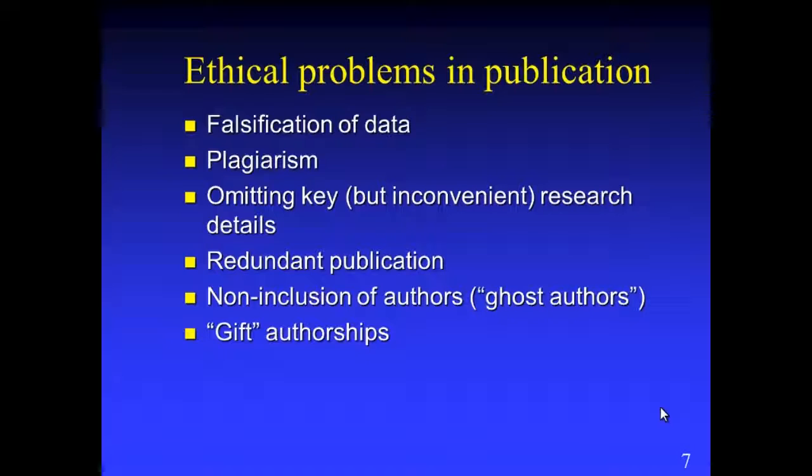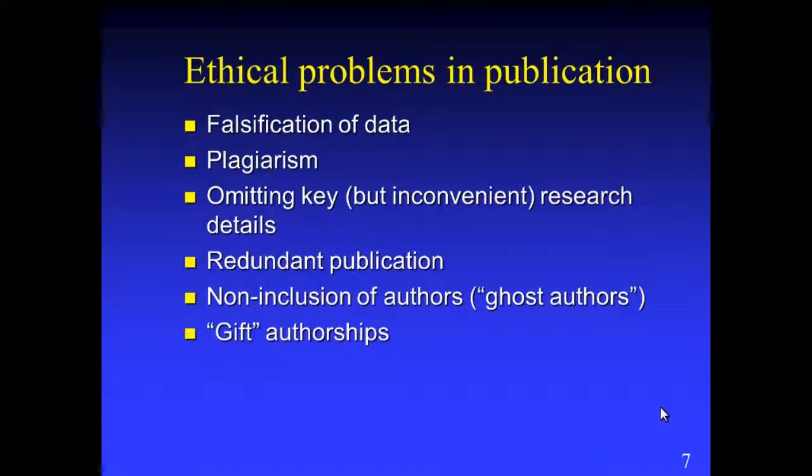The third issue is omitting inconvenient research details, which may in fact be key details, but they were for whatever reason inconvenient. Sometimes the reason put forward for omitting these details is that the journal didn't give them enough words to write it all up, but that's usually not a legitimate reason, particularly if it is a critical research detail.